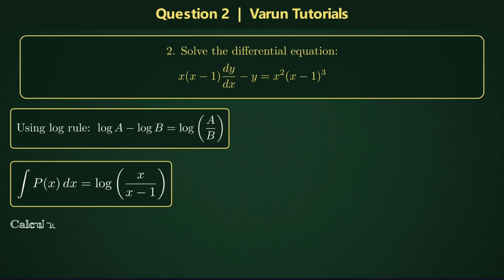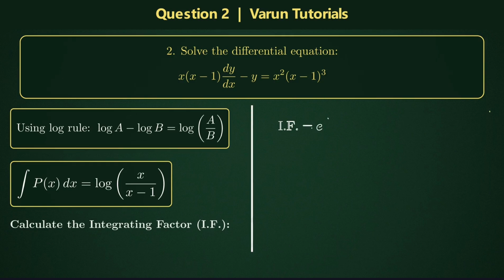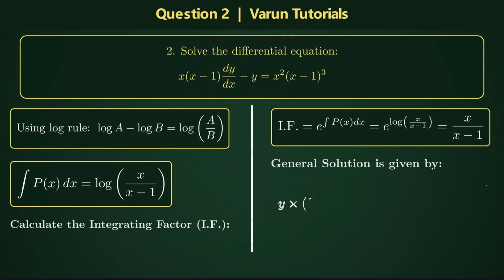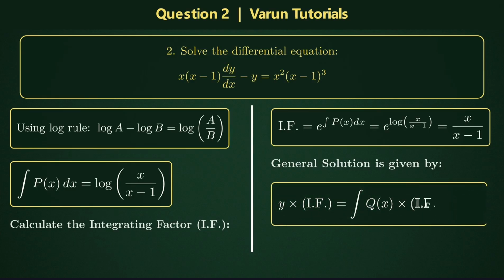Now we substitute this integral back into our integrating factor formula. This gives, integrating factor equals e raised to the power log of x over x minus 1, which simplifies directly to x over x minus 1. The general solution for a linear equation in y is given by the standard formula: y times the integrating factor, equals the integral of q of x times the integrating factor, dx, plus c.